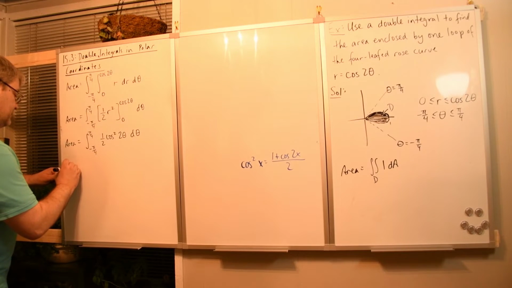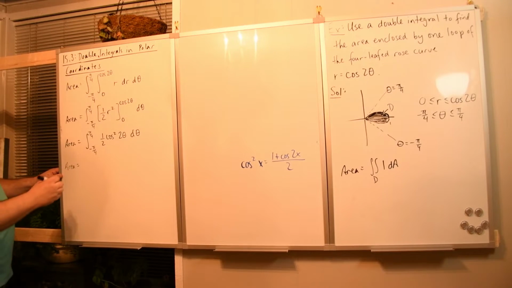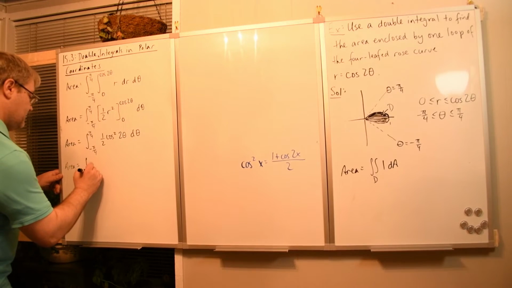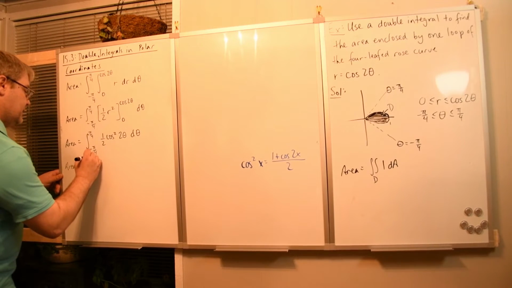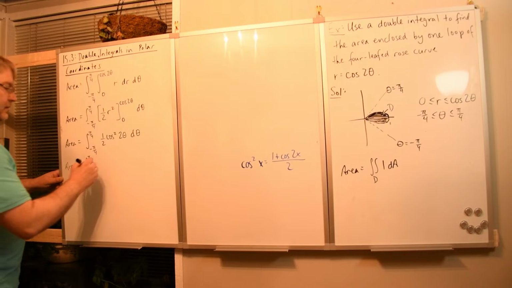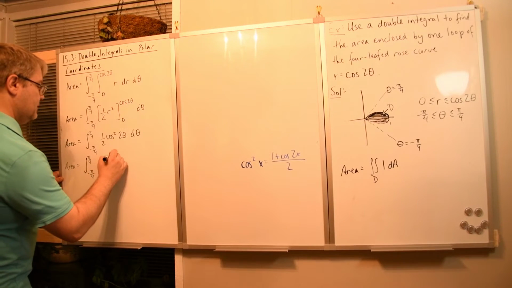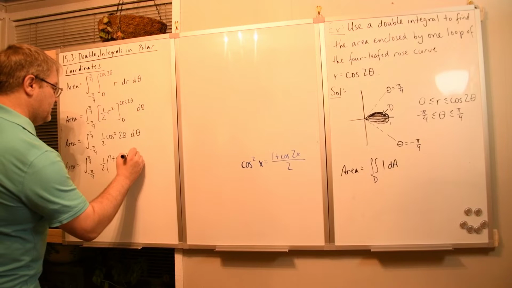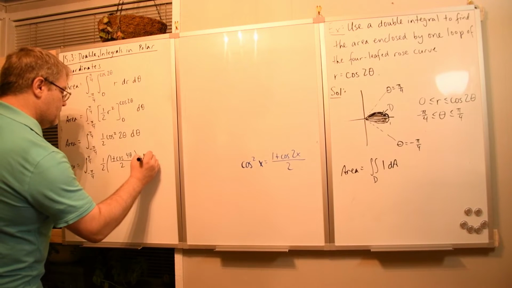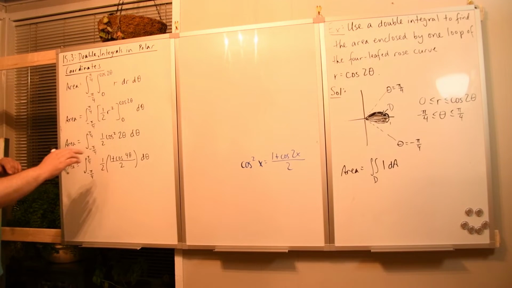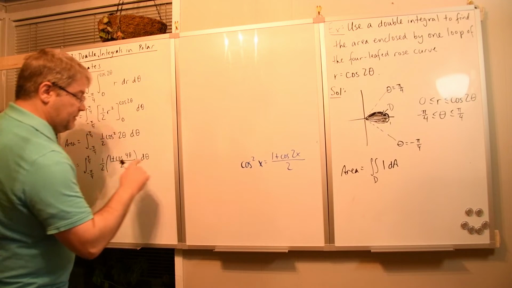Well, that means our area is going to be integral negative pi over 4 to positive pi over 4. We'll have a half times 1 plus cosine of 4 theta over 2 d theta. Remember, if x is 2 theta, 2x is going to be 4 theta.